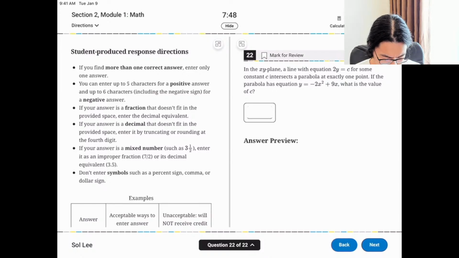Okay, sure. So y is equal to c over 2. What is the value of c?